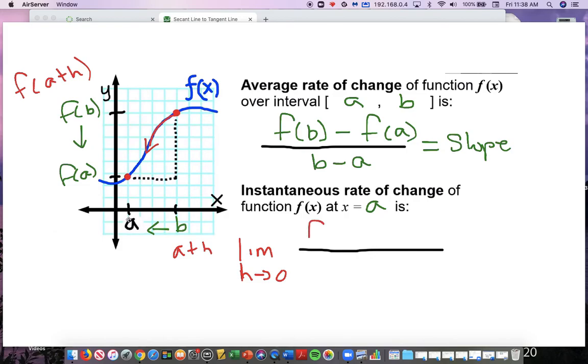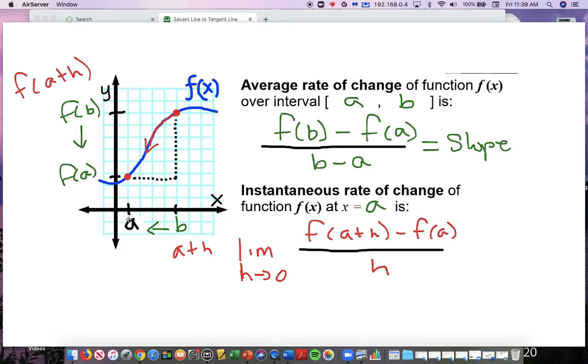And so as we move that point closer and closer and closer to this point a, we're going to do f of a plus h minus f of a divided by a plus h minus a. Well, notice that denominator, I'm just going to simplify into just being h.